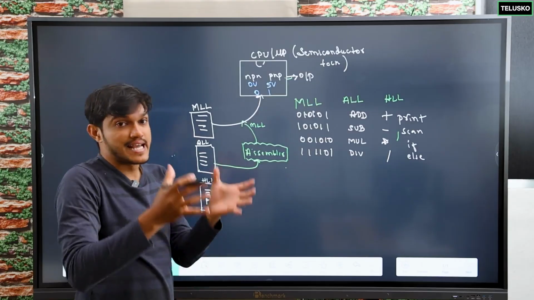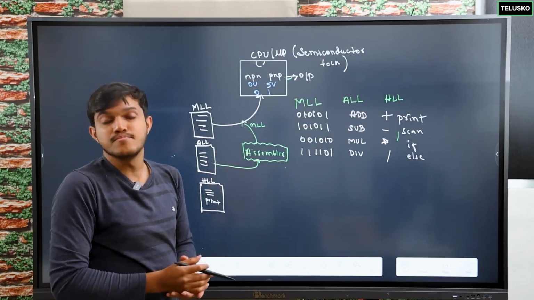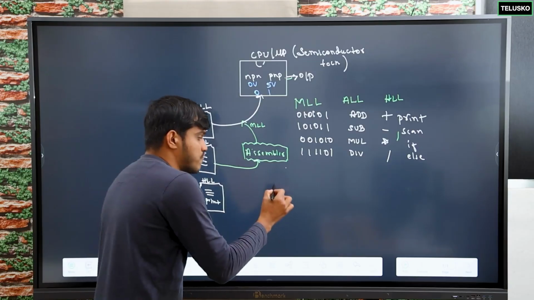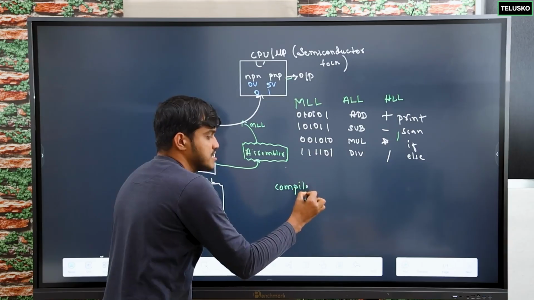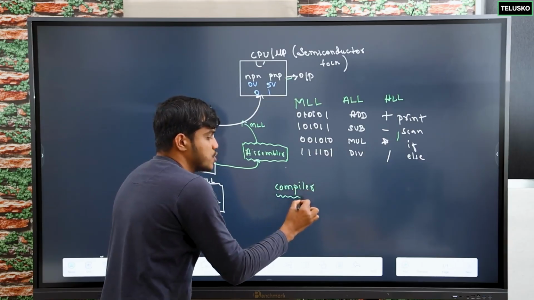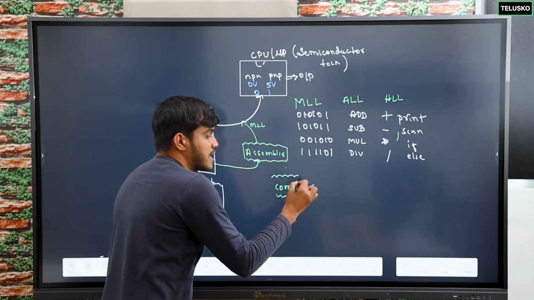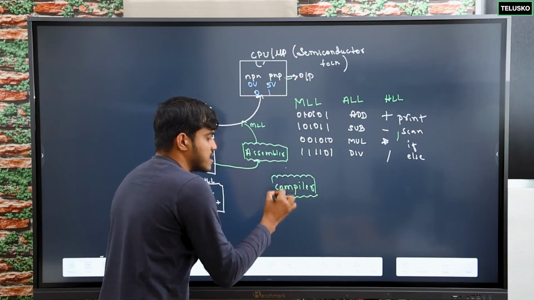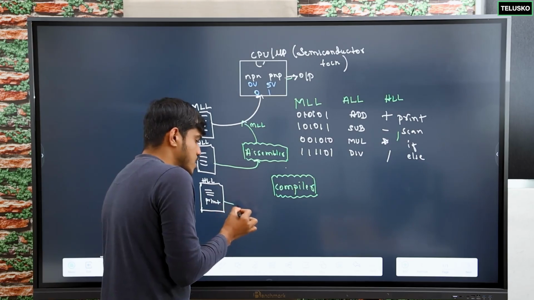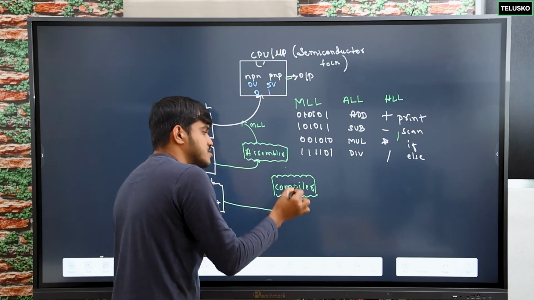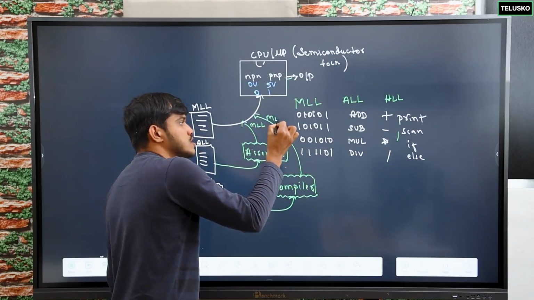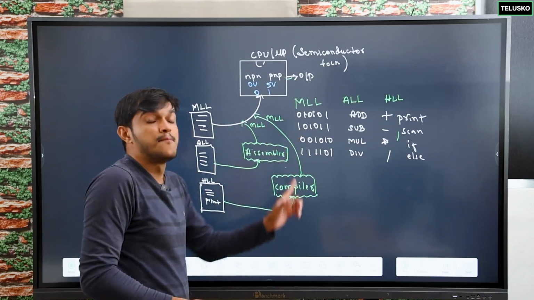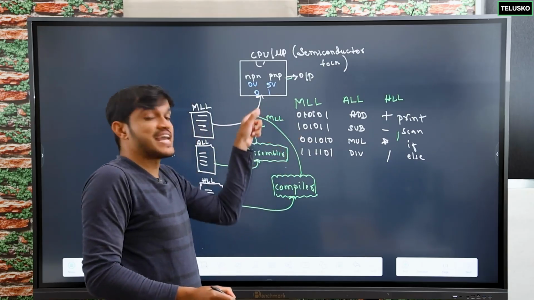That is when they came up with an approach, one system software. Name of the system software is compiler. What is the duty of compiler, if you ask me? Compiler is a system software which converts your English-like commands into machine level language, zeros and ones or binary form, which machine can understand.